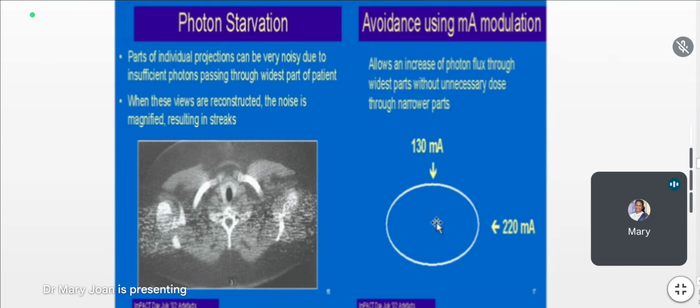This can be avoided using mA modulation, which allows an increase of photon flux through the widest parts without unnecessary dose through narrower parts. So this is called mA modulation. We are not directly increasing the mA, but as and when required, accordingly we are increasing it. As mA increases, more electrons will be emitted out of the coil.